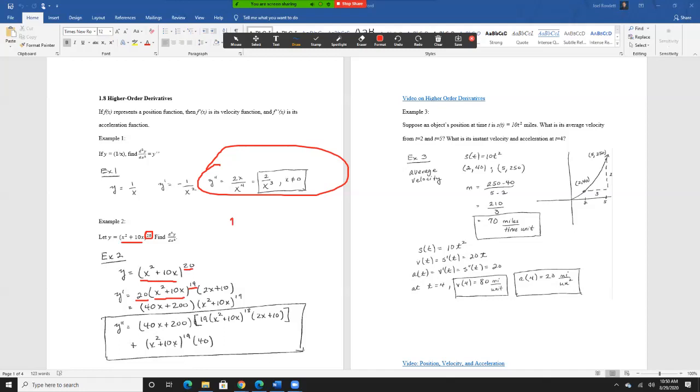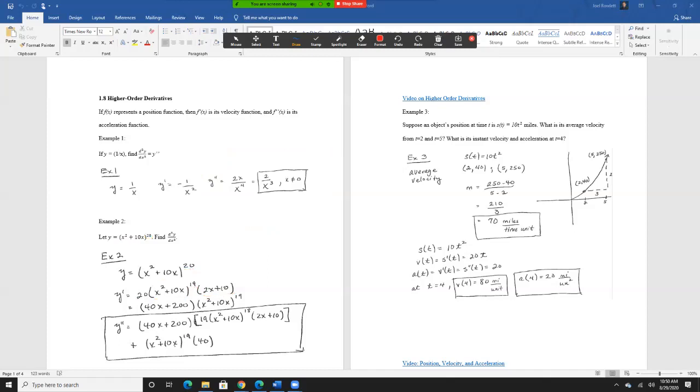Well, if u is equal to x squared plus 10x, then the derivative of u is 2x plus 10. And that's why we have 2x plus 10 here.